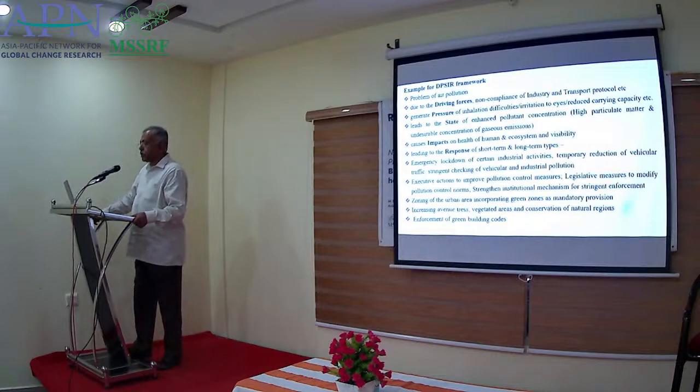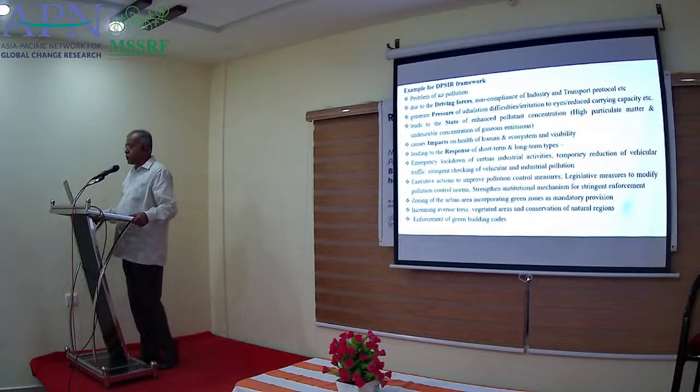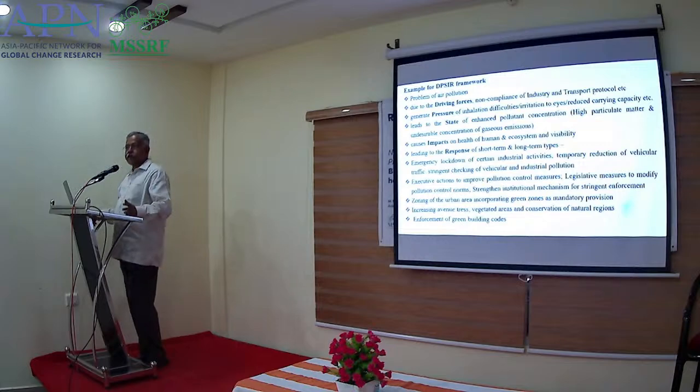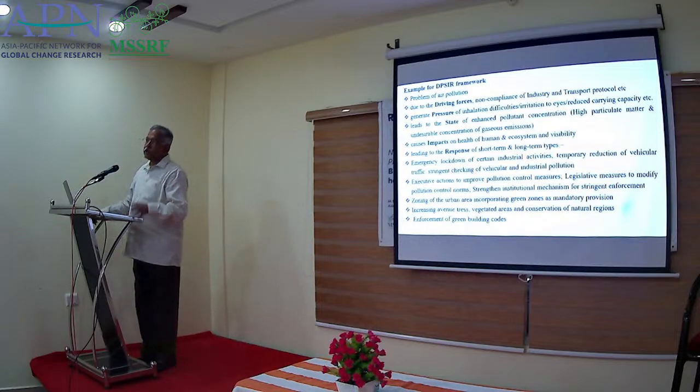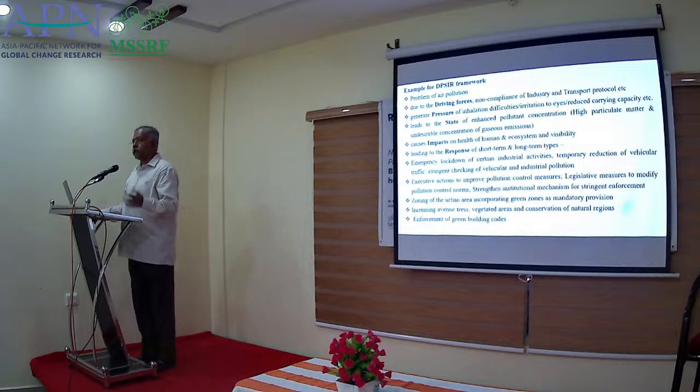Then the third, the state: enhanced pollutant concentration, high particulate matter, undesirable concentration of gaseous emissions, etc. The government, or the pollution control board, also puts up big boards at certain junctions, especially at ITO and places like that, showing the gaseous emission level on that particular day at a particular time, and the particulate matter emission at a particular time and day.